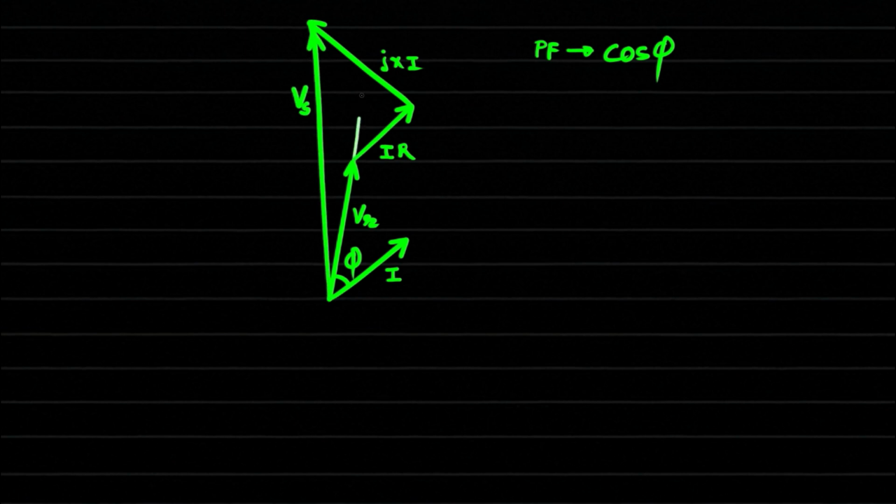Now we will extend this line along the direction of VR. Now what is this angle? Obviously this angle will also be phi. Now what is this? This is the cosine component of IR, the component of the voltage drop IR along the voltage VR, and obviously that will be IR cos phi. So this angle is also phi.